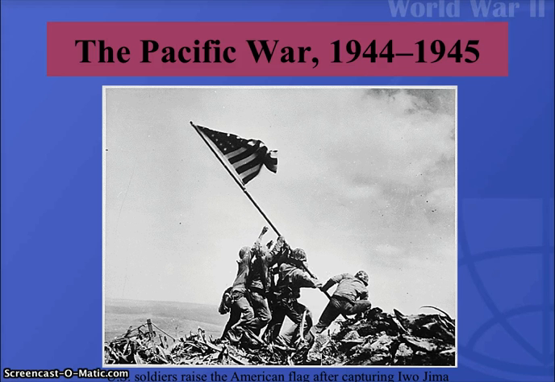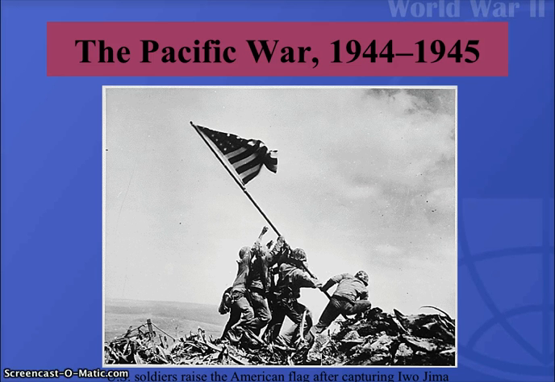Okinawa, which lay less than 400 miles from Japan, involved even more combatants. Nearly 100,000 Japanese defended the island against some 180,000 U.S. troops. After 3 months of fighting, the U.S. finally takes Okinawa at the cost of almost 50,000 casualties, and the Japanese suffer staggering losses, with only 7,000 or so soldiers remaining alive to surrender to the Americans.